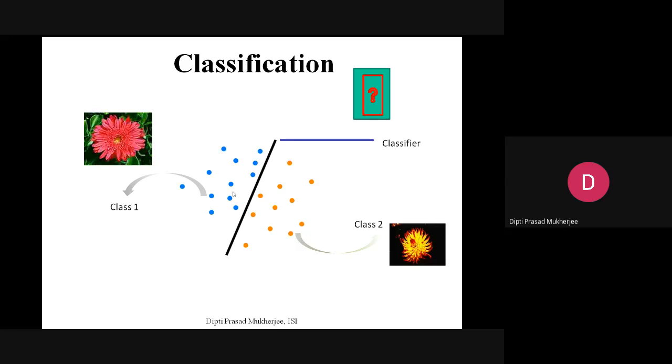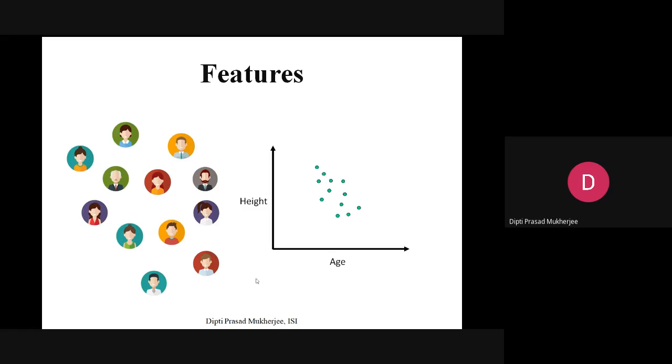Similarly, the flower chrysanthemum has certain features, and those features are the attributes or properties of these orange dots. Therefore, when I draw this black separator line, I look at those features, those characteristics, and based on that, differentiate the blue from the orange. That's what has been described here.